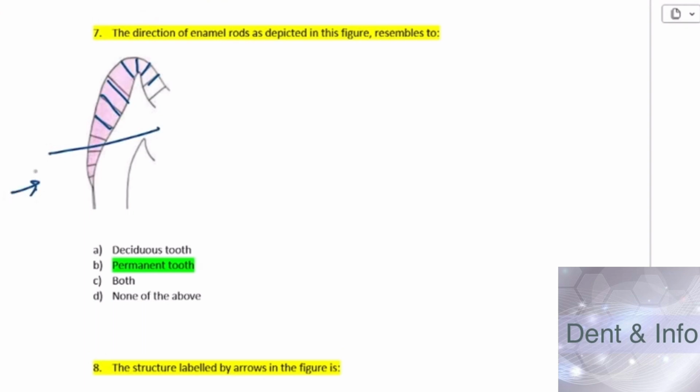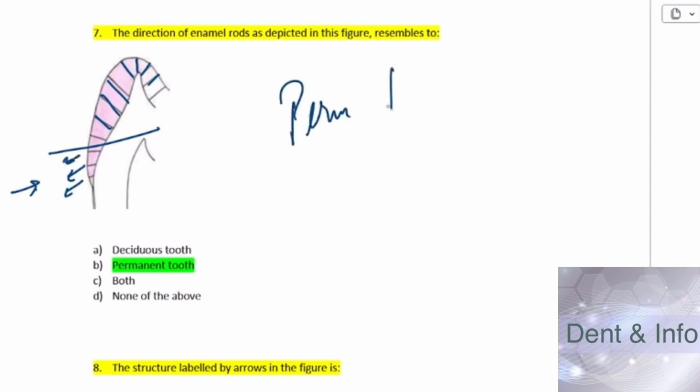As per the options also, the examiner is trying to identify whether it's a primary tooth or a permanent tooth. Same question, they have put it in a different way. Previously it used to come like what is the difference in the arrangement of rods in the cervical third of primary and permanent tooth. Now they have shown us the picture. So we can easily make out that these rods are going in the cervical direction or slightly horizontal direction.